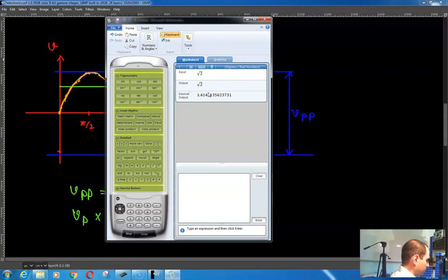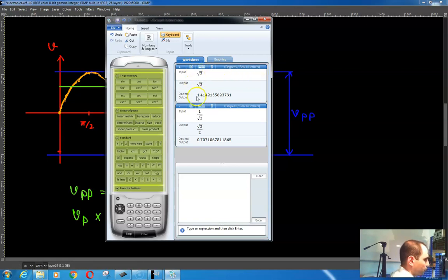And if you take the reciprocal of that, meaning 1 over square root of 2, that is the same thing as 0.707.